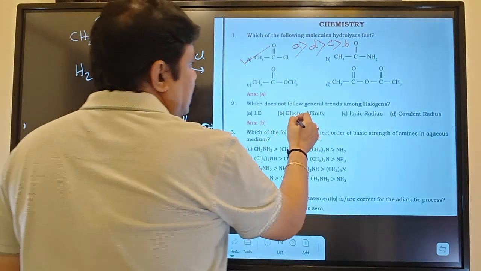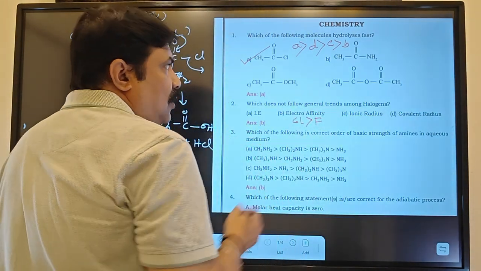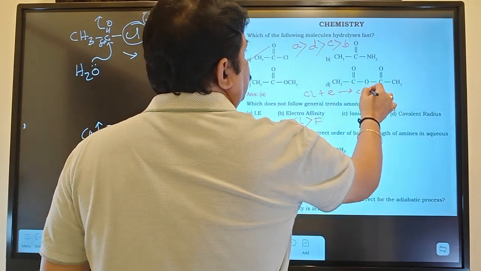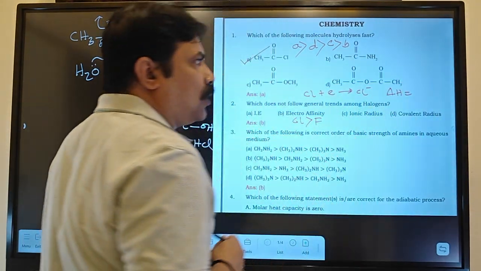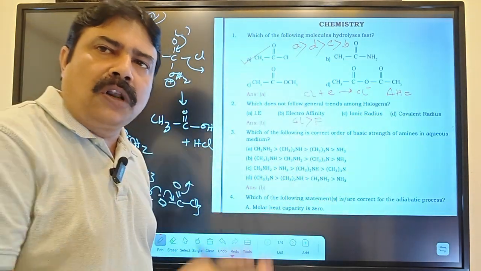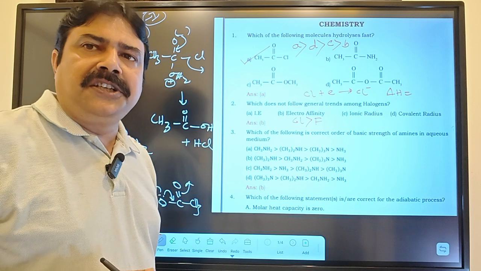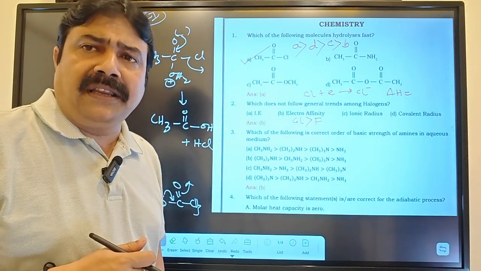You know very well, chlorine's electron affinity is greater than fluorine's. Whenever chlorine takes one electron, converting to Cl minus, the amount of energy released when 1 mole of chlorine atoms gains 1 mole of electrons, converting to 1 mole of Cl minus, is nothing but the electron affinity, or electron gain enthalpy.